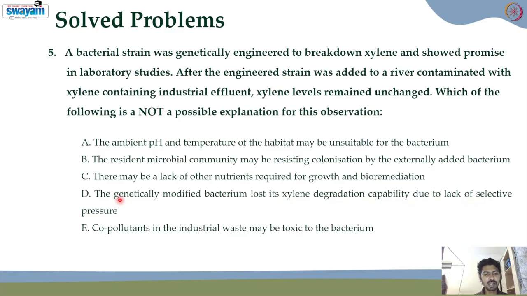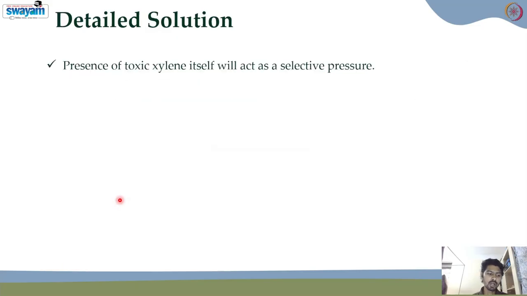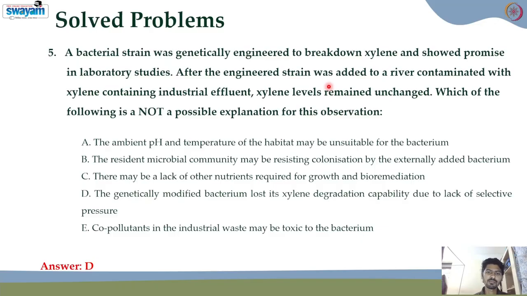We will see the answer. Yes, it is correct. Option D is not a possible explanation, because the scientists have already selected the toxic xylene itself as the selective pressure. So this is not a possible answer for this observation.